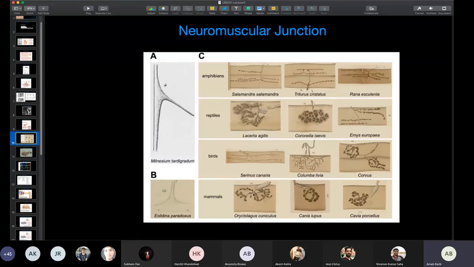They have different neurotransmitters and different transmitter receptors, from a very simple animal, the tardigrade, to amphibians, reptiles, birds, and mammals. Mammals have a similar structure, but they have different receptors and different ways of working.